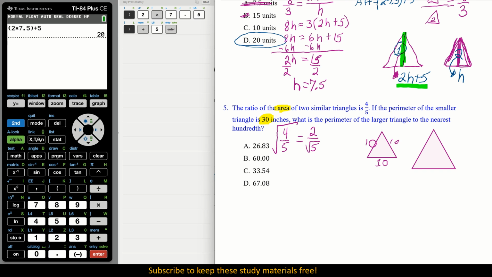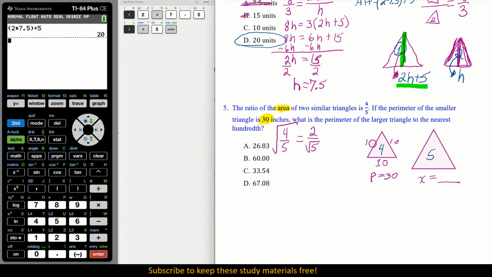Because we had areas of 4 and 5. Right. And we are needing perimeter because P equals 30 for the small one. So that perimeter is actually our X. We have no clue what that is. Okay. But not a big deal. We can set it up right now.